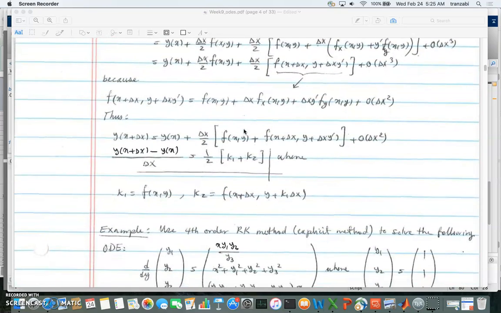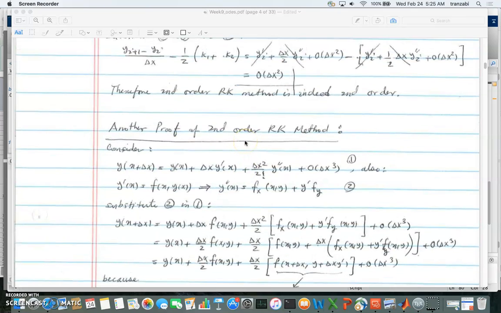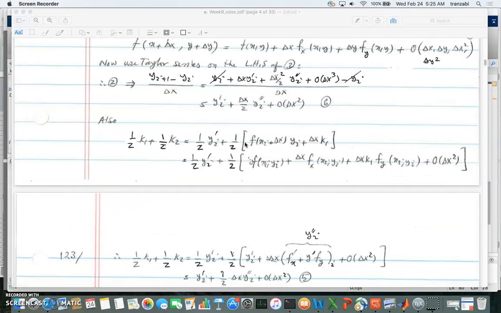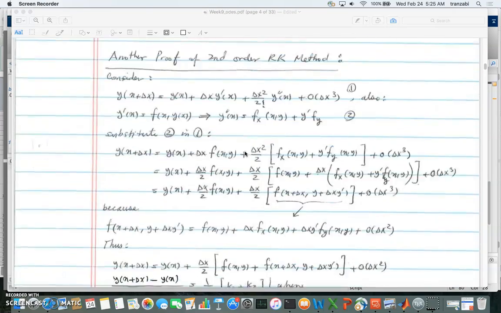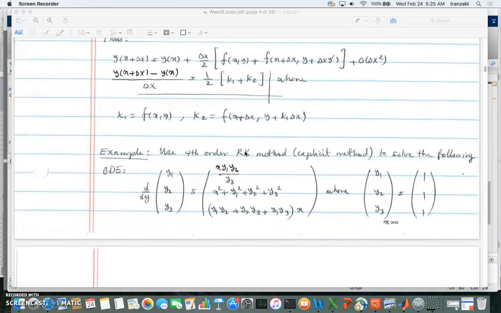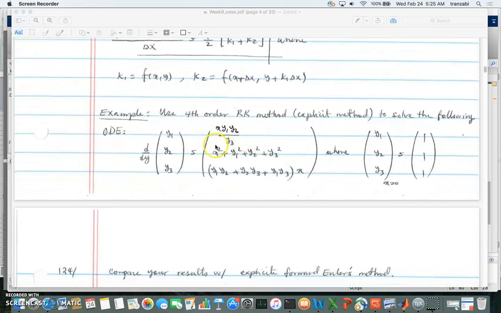So I think now it's time to take a look at one example. Let's solve the same equation we did using RK2 and Explicit Euler.